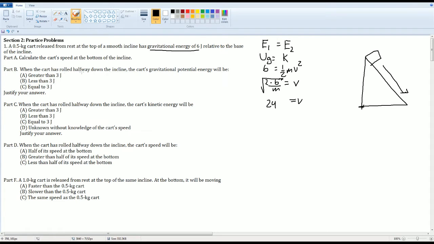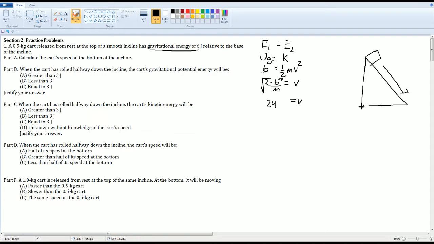When the cart has rolled halfway down the incline, the gravitational energy will be what? I think it would be less, right? So hold on. Oh, no, this doesn't look right. Give me a second.